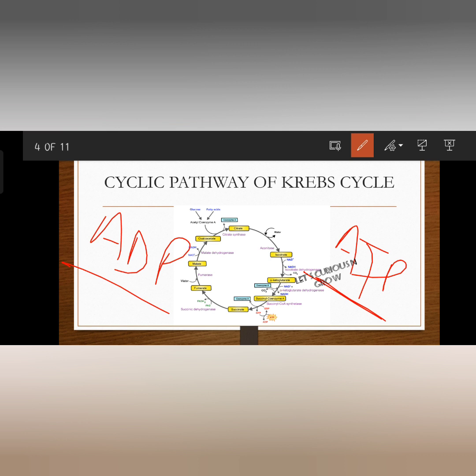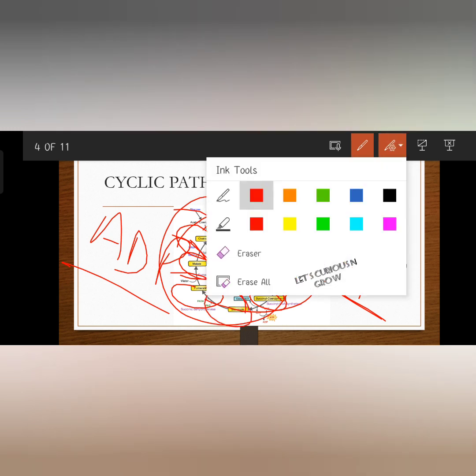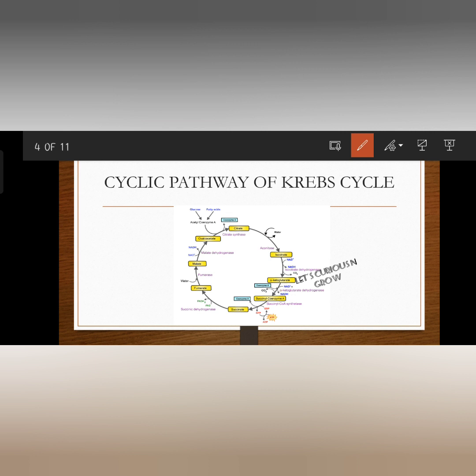Energy means an increase in the cyclic pathway, like ATP, GTP, and ADP. ATP is adenosine triphosphate and ADP is adenosine diphosphate. These are energies, and to complete this whole cycle energy is released, and these yellow colored ones are the enzymes.